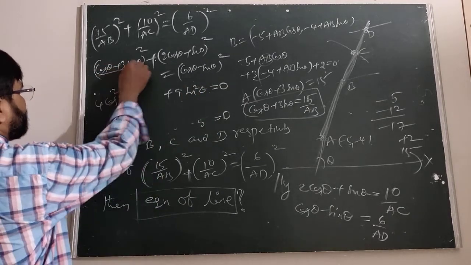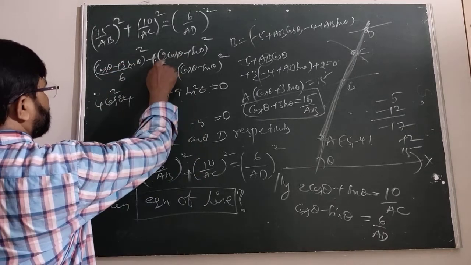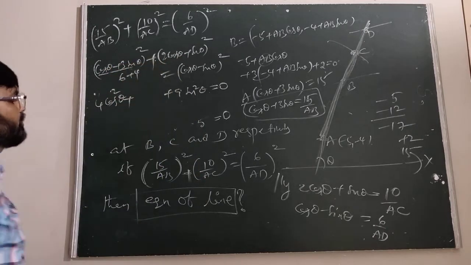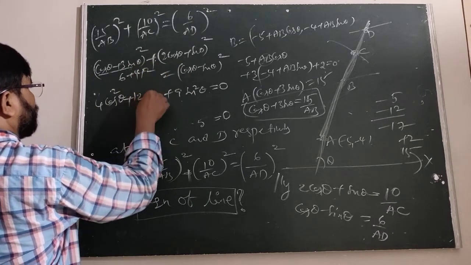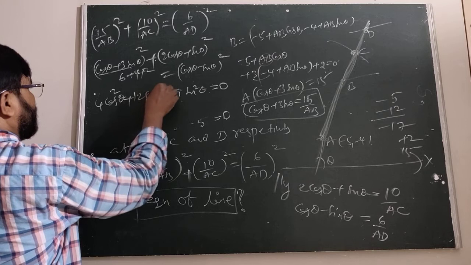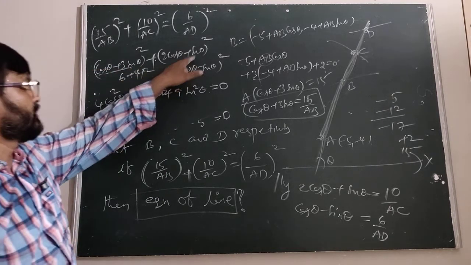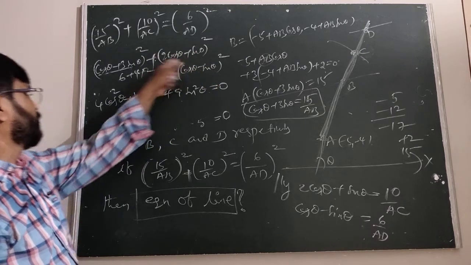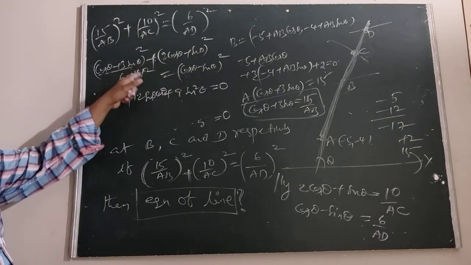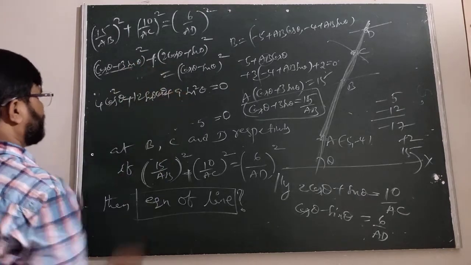Now here this is the 6 sin theta cos theta, 6 plus 4 plus 2, this is 12 sin theta cos theta. Is it clear? A square is cos square, cancel. In this B square sin square, cancel. Minus 2, this is the 4, this is the 6. 6 plus 4 plus 2, 12. Sin square theta is 9 sin square theta.